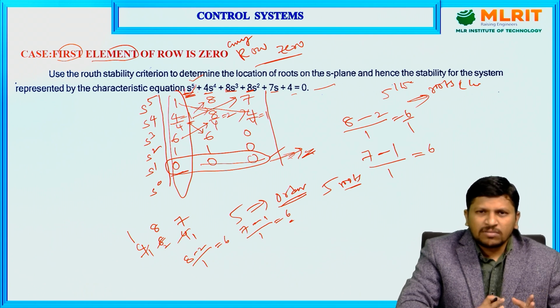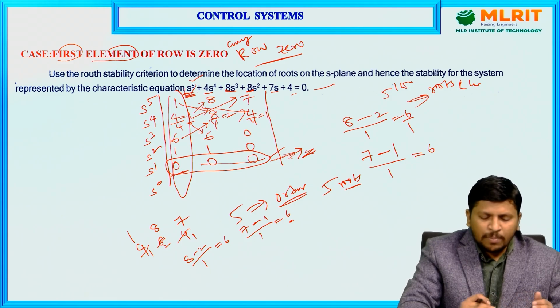We observe that array matrix. After that, we are going to solve that problem by assuming the epsilon for the first element of a row being 0, and also considering the auxiliary polynomial equation of the row above the complete 0 row, or else a normal row.